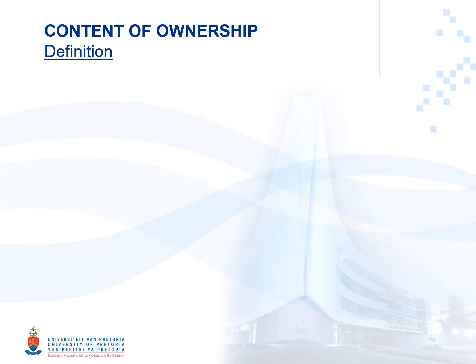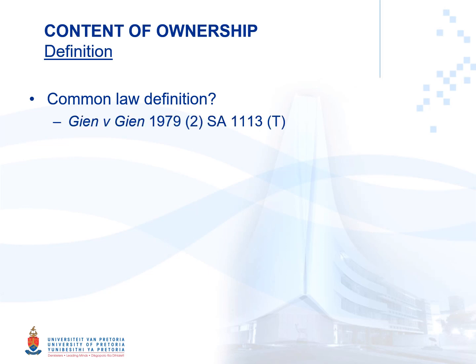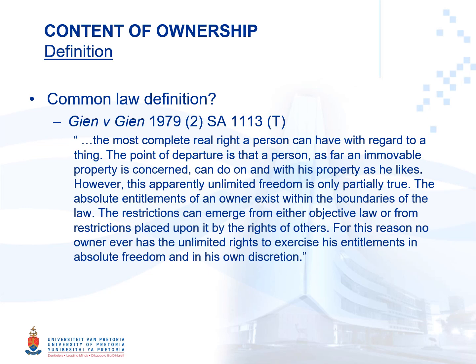As mentioned previously, the most authoritative definition of ownership in South African law was laid down in Gien versus Gien and constitutes the common law definition of ownership. It holds that ownership is the most complete real right a person can have with regard to a thing. The point of departure is that a person, as far as immovable property is concerned, can do on and with his property as he likes. However, this apparently unlimited freedom is only partially true.